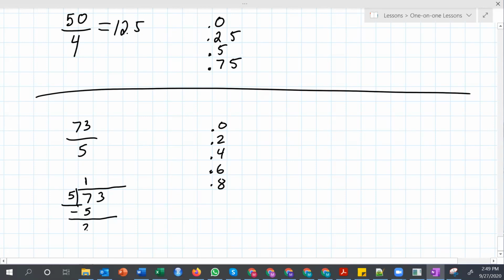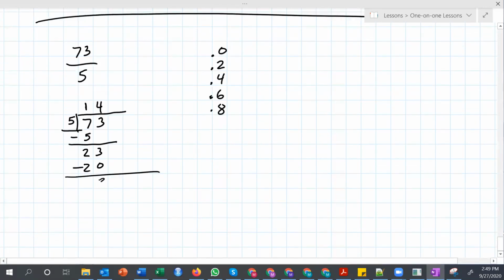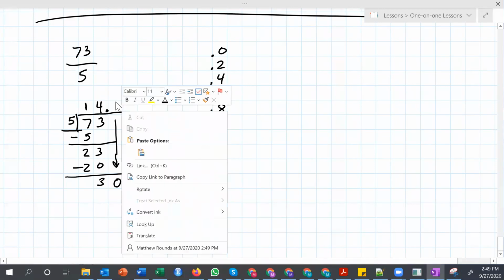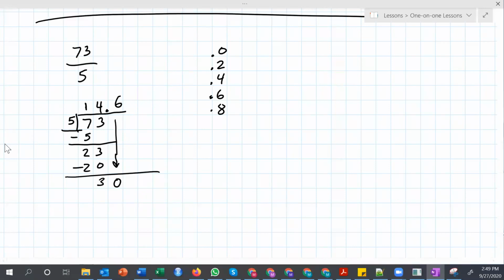You subtract and get 23. 5 goes into 23 4 times. So 4 times 5 is 20. Subtract and you get 3. Bring down the 0. How many times does 5 go into 30? 6 times. 6 times. Oh. 26. Huh. All right.